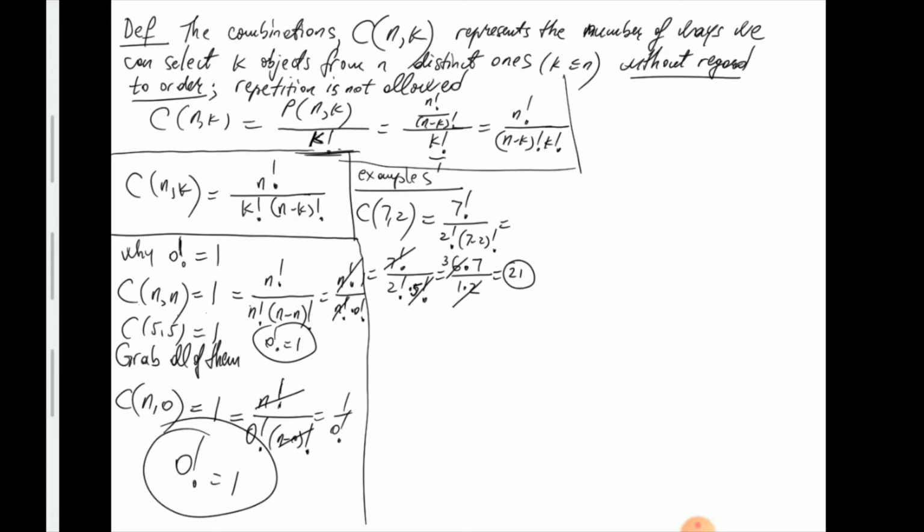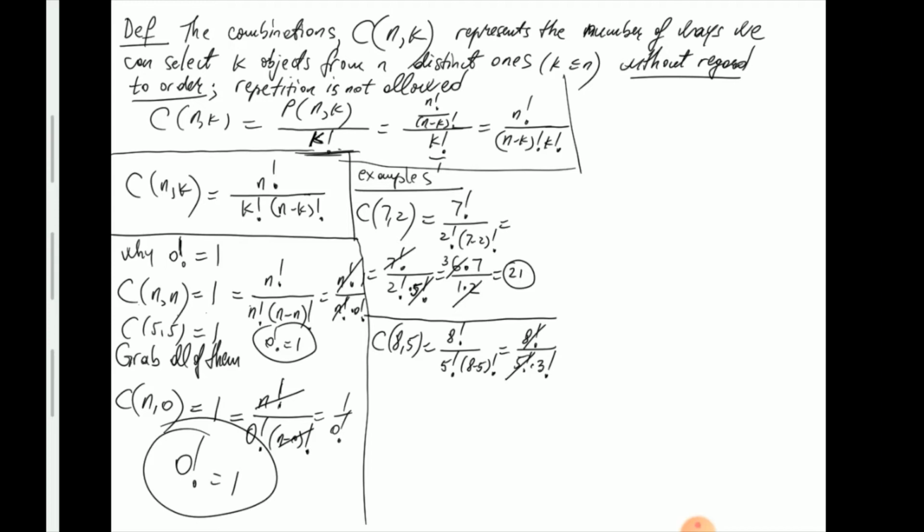Let's do another quick one. Let's say I want combinations 8 comma 5. Again, according to the formula, it is 8 factorial divided by 5 factorial, 8 minus 5 factorial, 8 factorial, 5 factorial times 3 factorial.